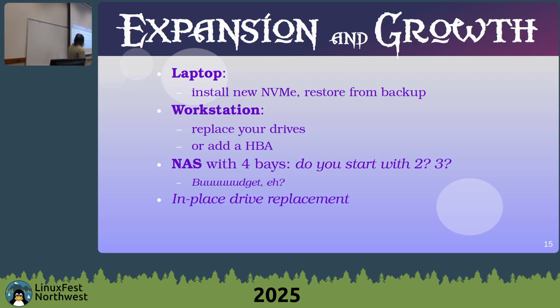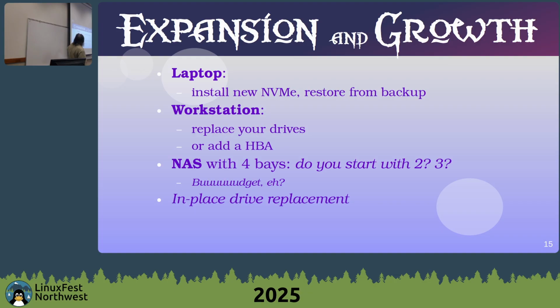If you have your whole home partition backed by ZFS, and you have that second computer with ZFS for your backups, it is really easy to install a new double-sized blank NVMe, install your OS, and then send your home partition, your ZFS pool for your home, back to it. Really easy.